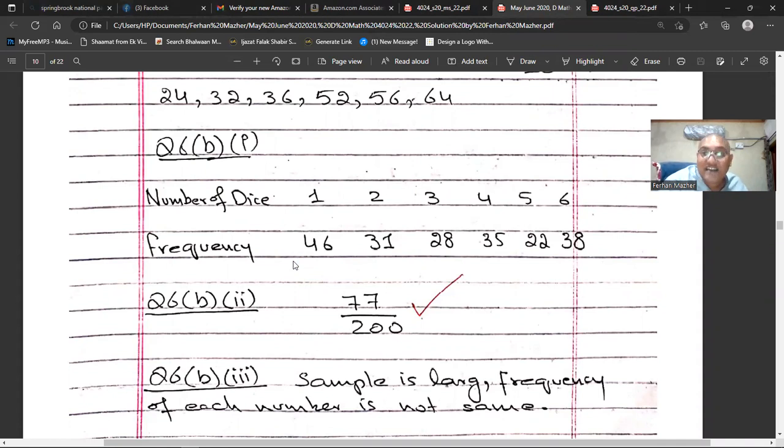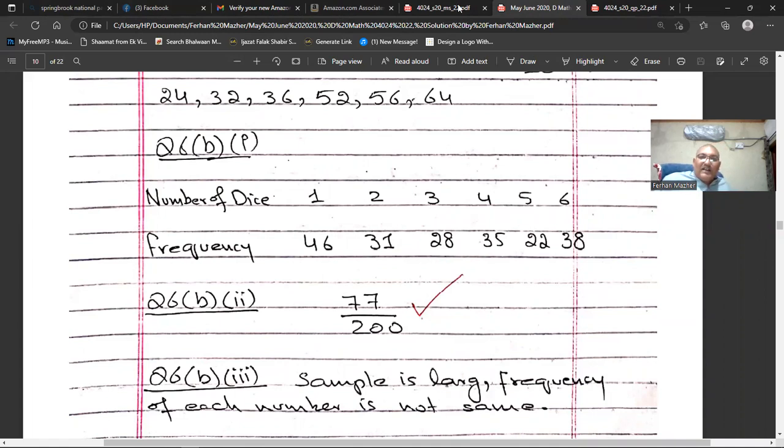Because the sample is large, if this is a fair dice, then the frequency of each number must be the same. The frequency of each number is not the same. For example, 1 comes 46 times, but 6 comes only 38 times, and 5 comes only 22 times. So this does not look fair. If it is fair, then the frequency should be the same for all the numbers.